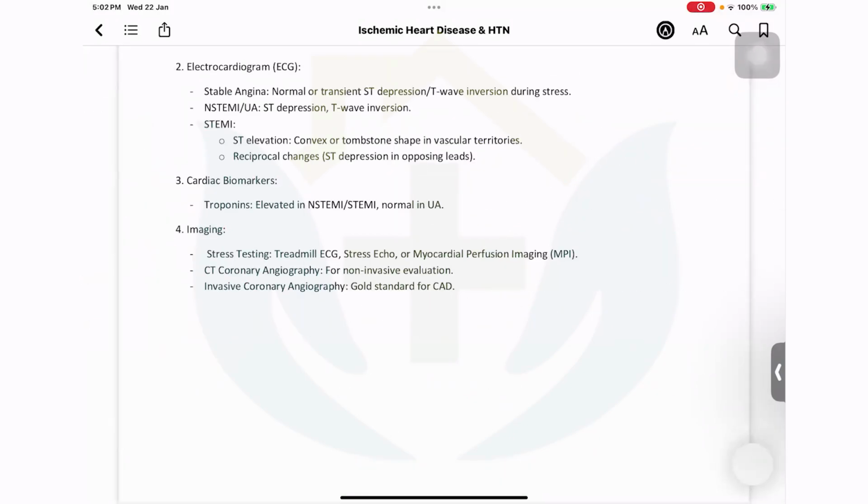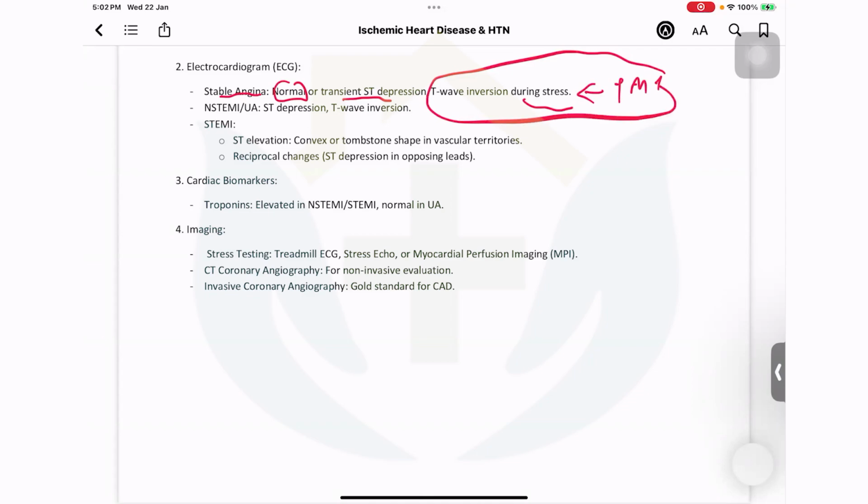Once the patient has symptoms, the next step is to get an ECG. So what will you see in the ECG? In stable angina, you will either see a normal ECG, or there might be some transient ST depression if you have done the ECG in time, or putting the patient on a treadmill test may lead to T wave inversion or ST depression on the stress test.